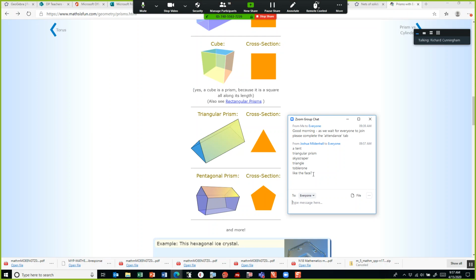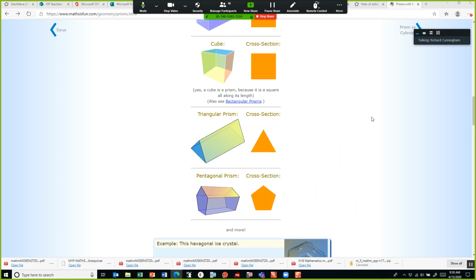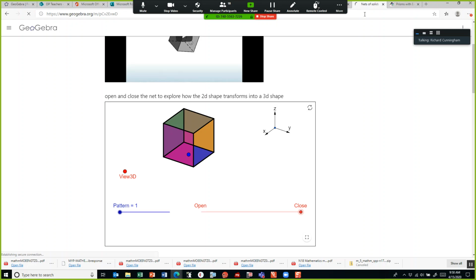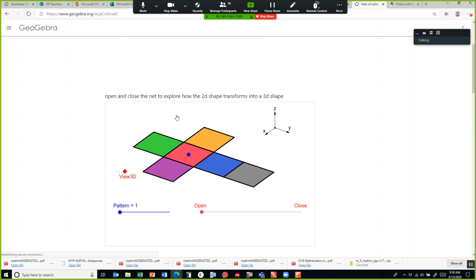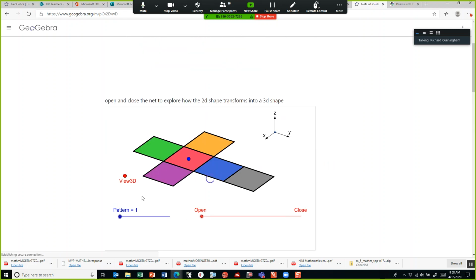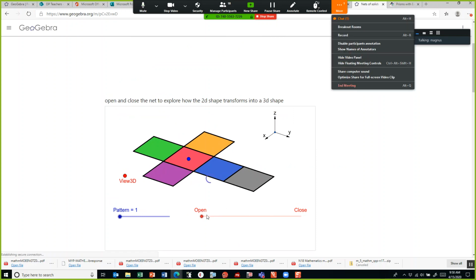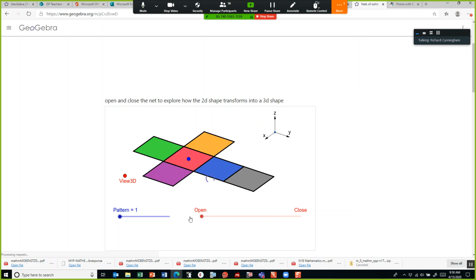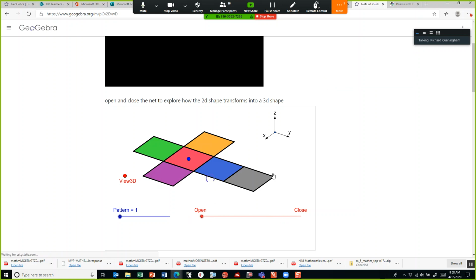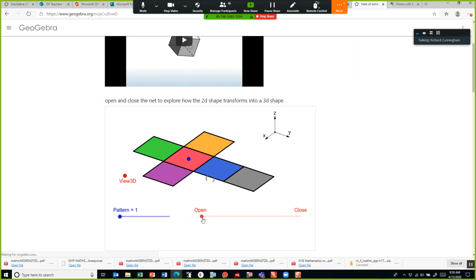Yeah, like the face. In particular, for the surface area, we want the area of each face. Okay, good. So if I show you this website, this is what type of shape? It's going to be a cube whenever it actually works, and I can fold it up.